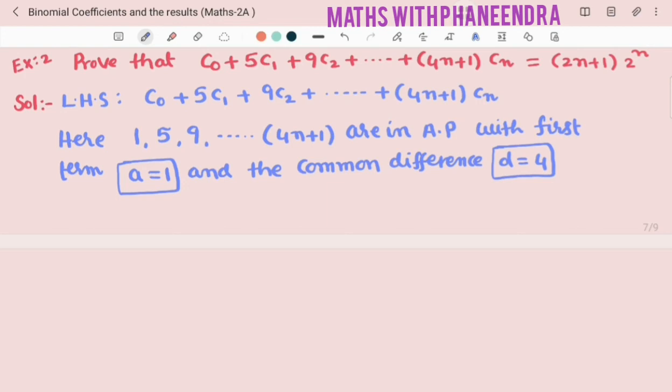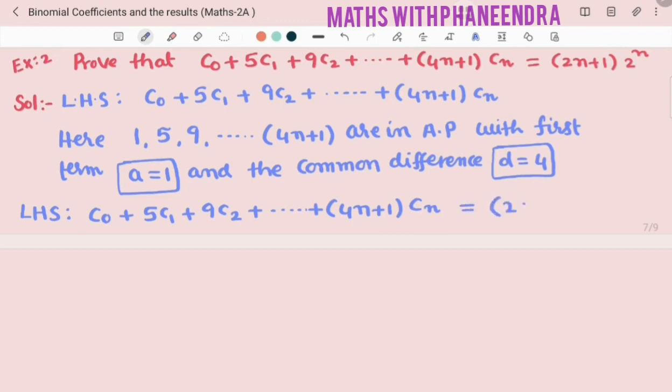Now consider again LHS, that is LHS is equal to C0 plus 5C1 plus 9C2 plus and so on (4n plus 1) into Cn is equal to, write in the formula format.